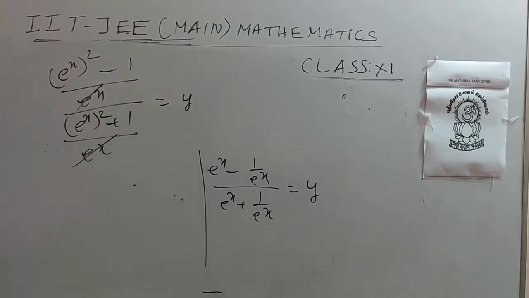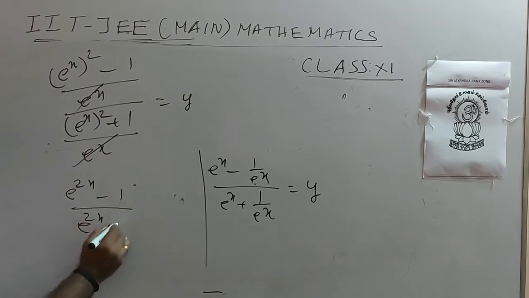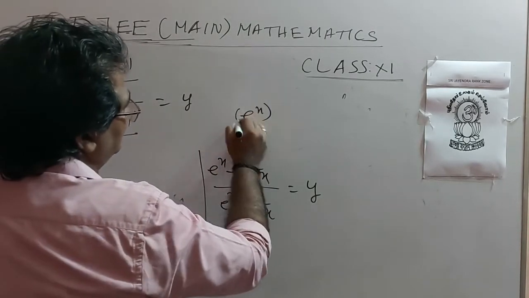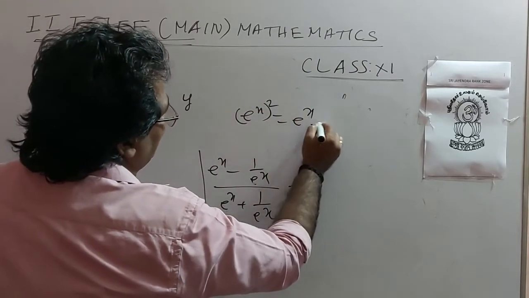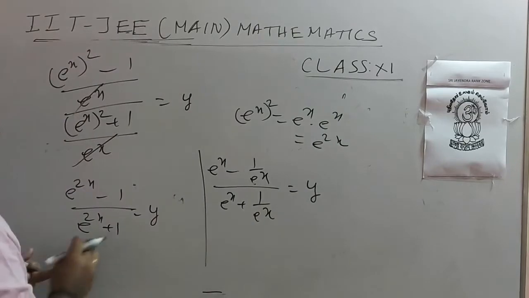This will be cancelled, so e power 2x minus 1 by e power 2x plus 1 equals y, since e power x into e power x is e power 2x.